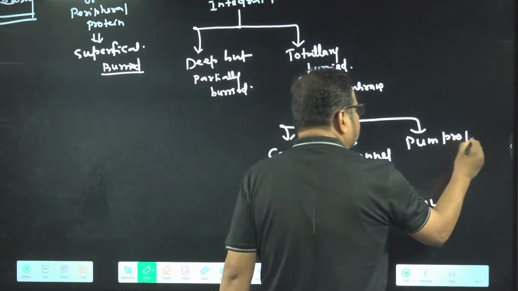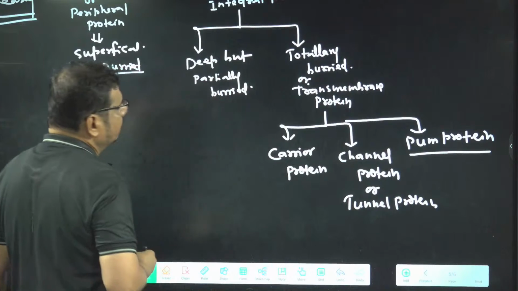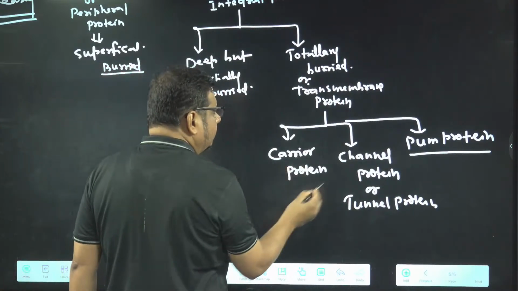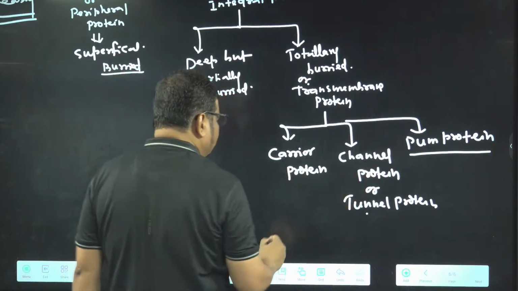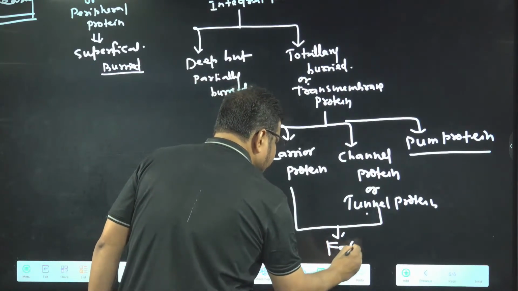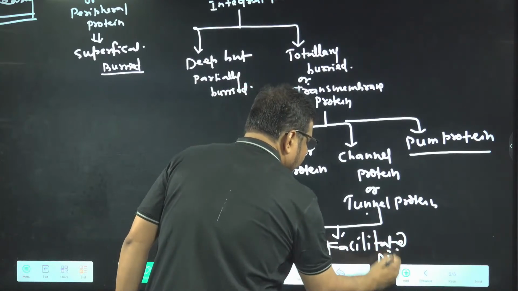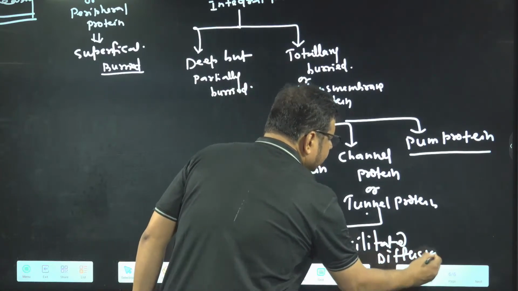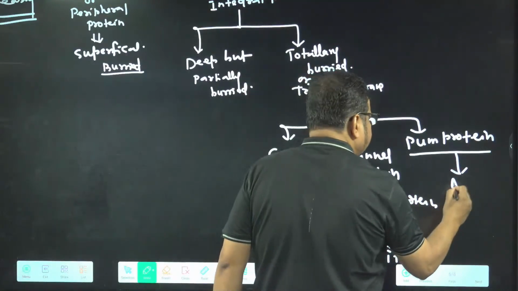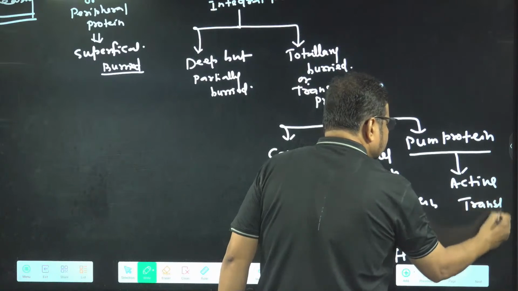Getting the things or not? So these are all examples of transmembrane protein: carrier protein, channel protein, and pump protein. The carrier and channel proteins participate in facilitated diffusion, and the pump protein participates in active transport. Got the idea?